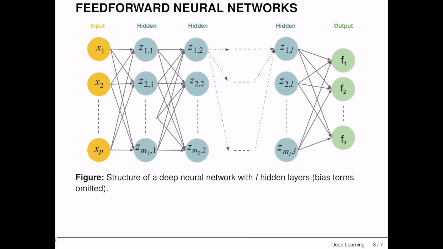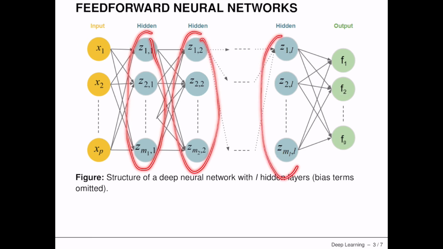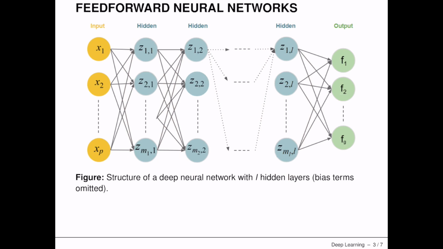The network structure then would look like that. We have an input layer with P inputs. Then we have L hidden layers, each with their own number of hidden neurons, indicated here by M1, for example, for the first hidden layer.